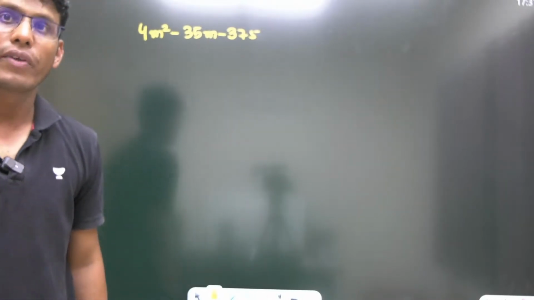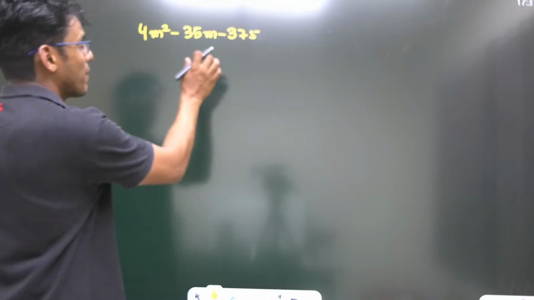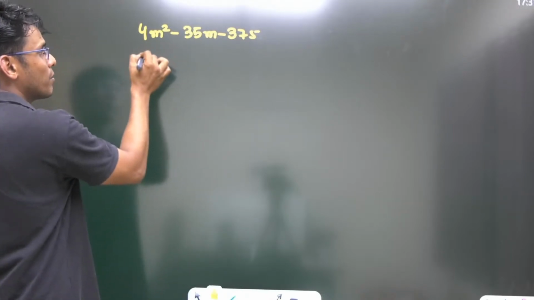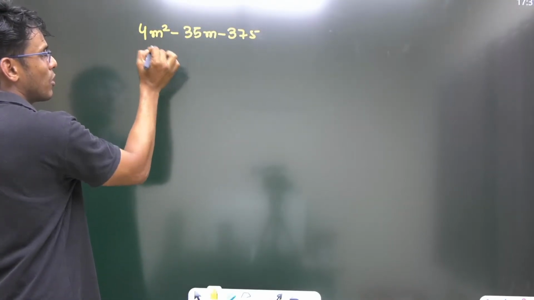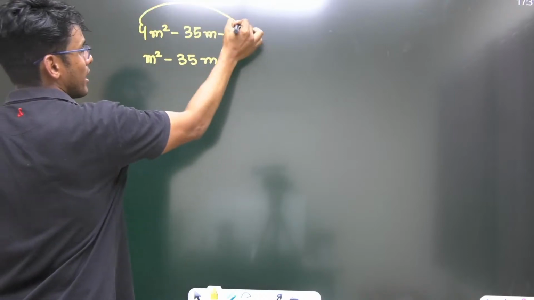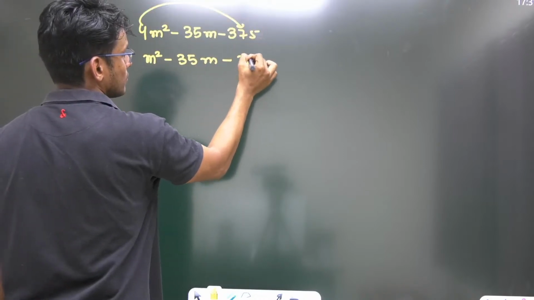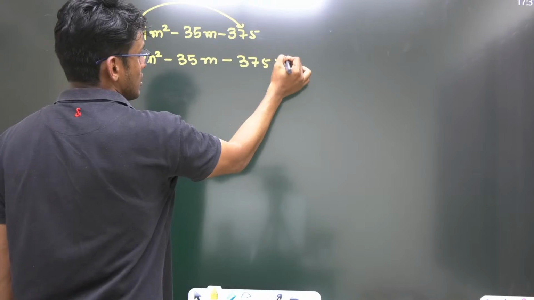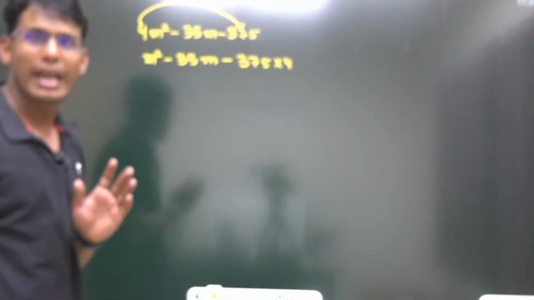It must be fine now. 4m square minus 35. So I am very comfortable when my coefficient is 1. So what I will do, I'll just take 4 and multiply it here. Obviously it is not okay, but I am doing it anyway.